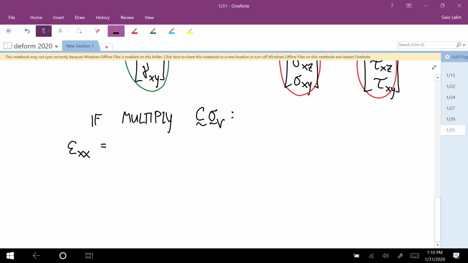Epsilon XX is equal to 1 over E times sigma XX, minus nu over E times sigma YY, minus nu over E times sigma ZZ, and nothing else.